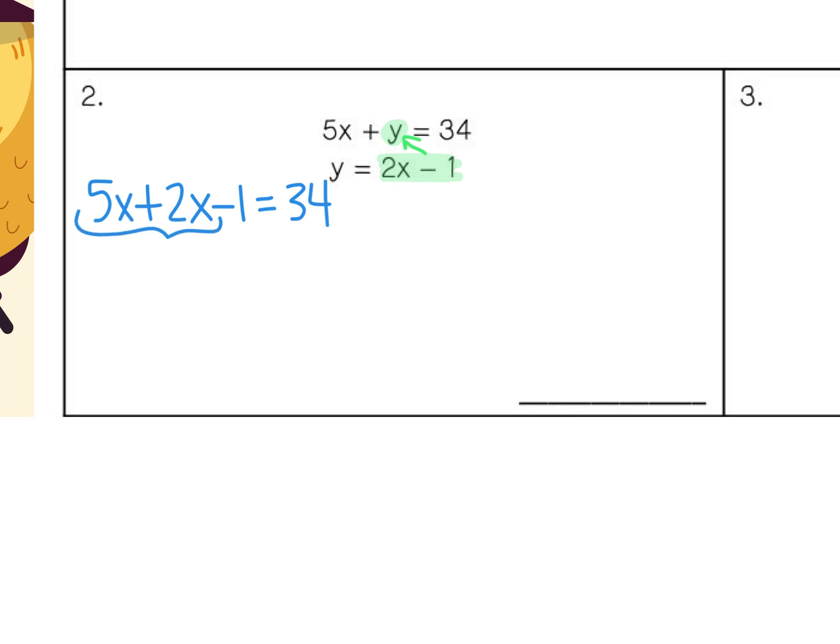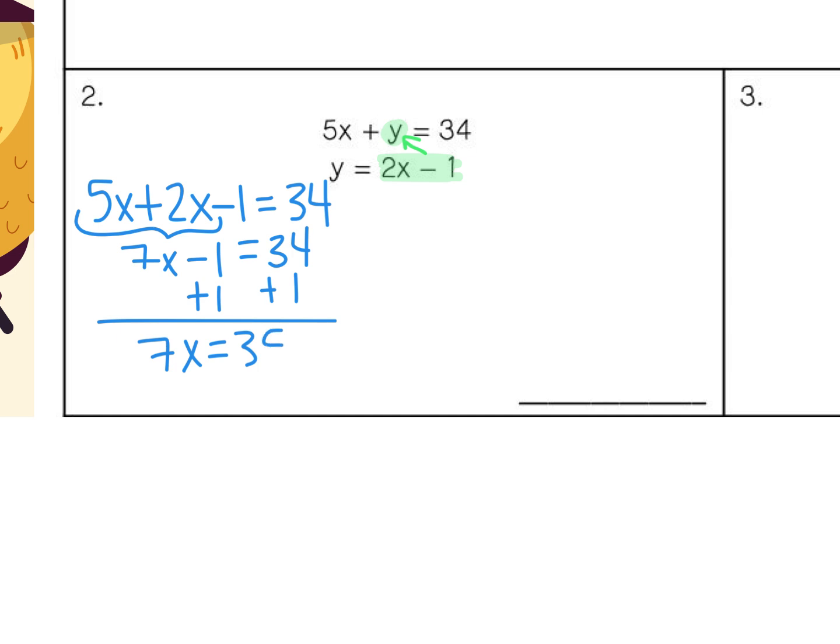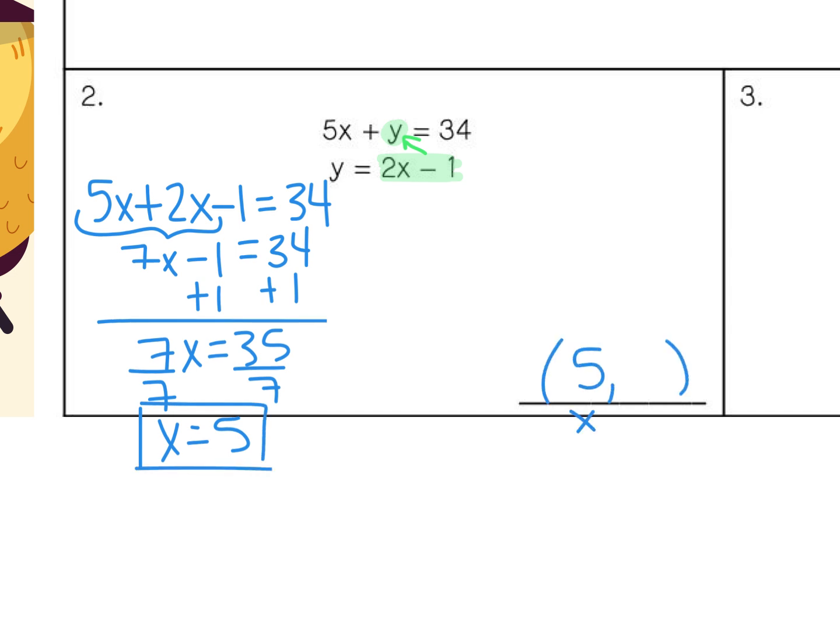So we're going to just use our steps from Unit 1. We're going to collect like terms. We're going to undo our add subtract. We're going to undo our multiply divide. x equals 5.